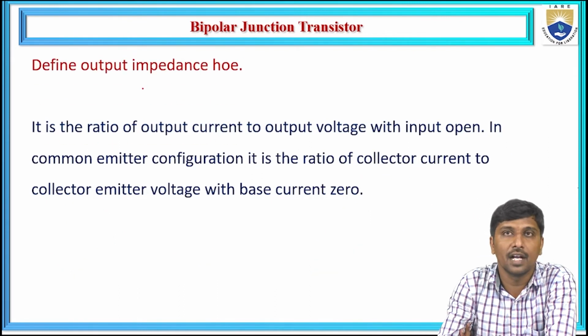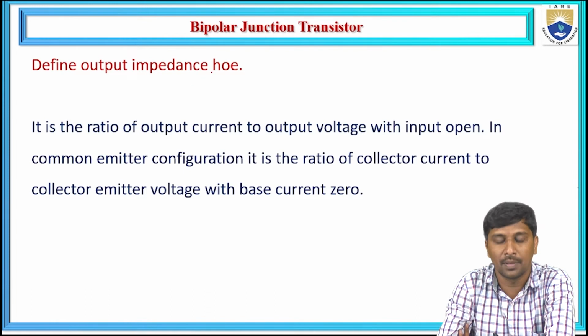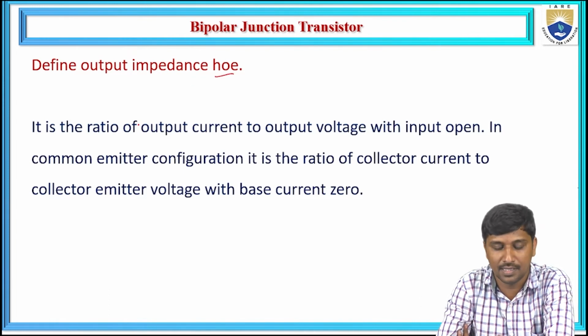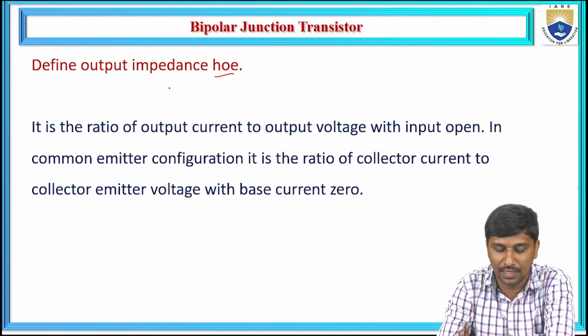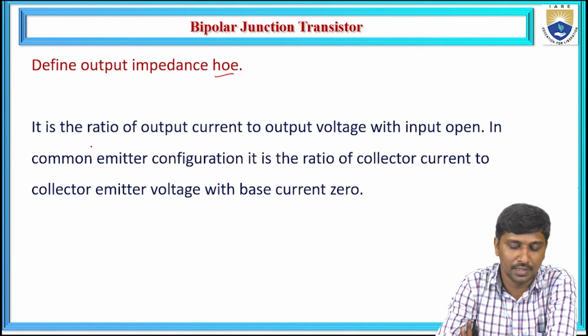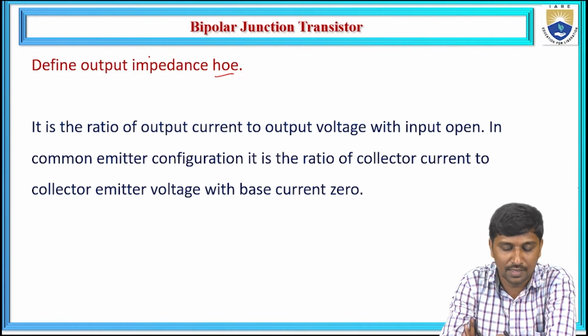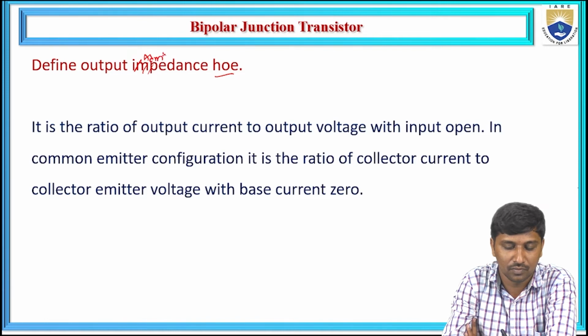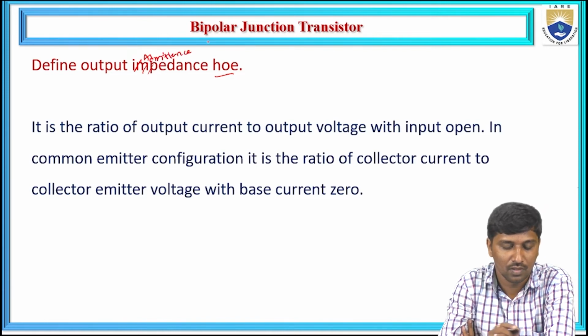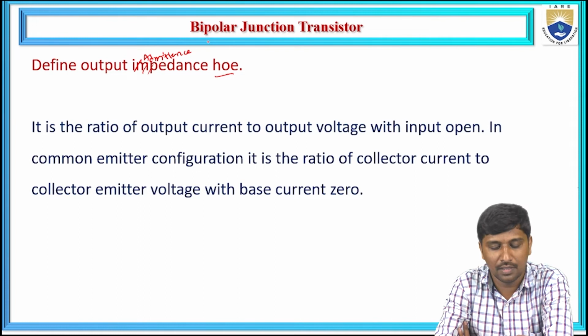Now define the output impedance of the common emitter configuration, which is represented as HOE. This is actually the output admittance, sorry. The reciprocal of admittance is nothing but impedance.